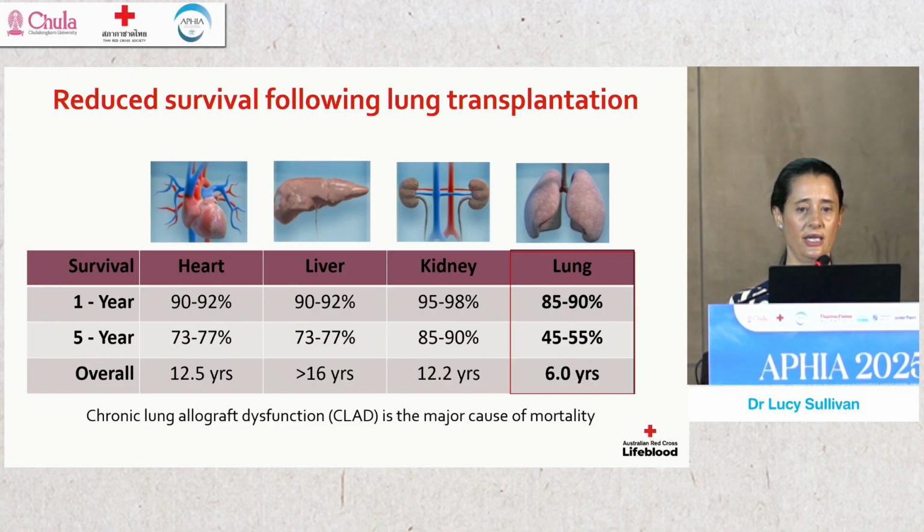As you can see here from this slide, whilst the 1-year survival rate following lung transplantation is similar to the other organs, the 5-year survival rate is far inferior, and this is largely due to CLAD. So the group are actively looking at ways to predict CLAD and also to look at different forms of treatment once CLAD occurs.